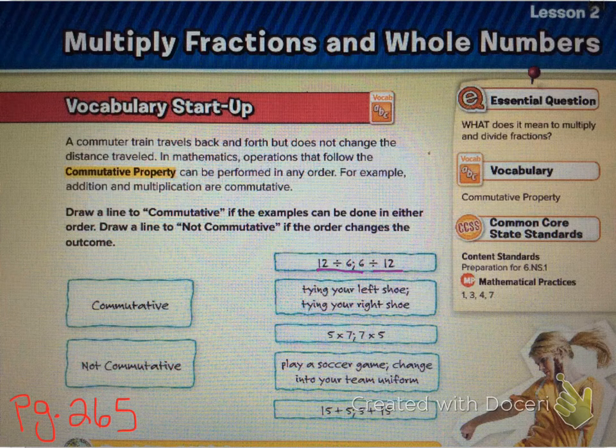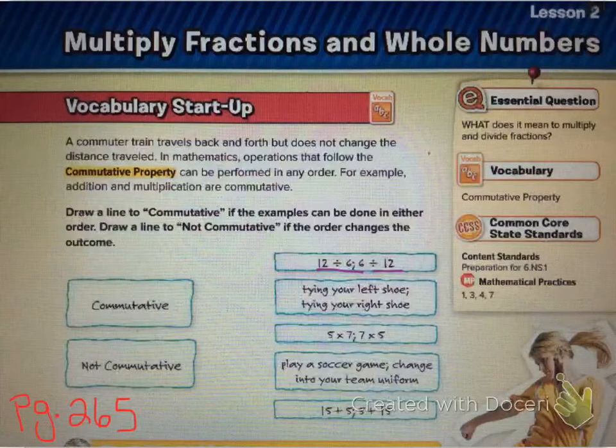Okay, 12 divided by 6 is going to give you 2, exactly. Okay, and then if you take 6 divided by 12, you're going to end up with a decimal. It's actually 0.5 because 6 is half of 12. Okay, so you cannot switch around a division problem. You have to leave it exactly as is.